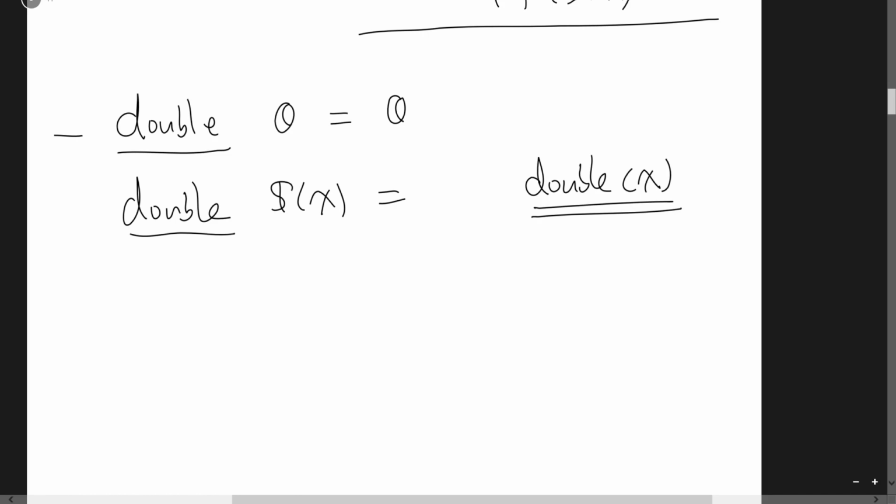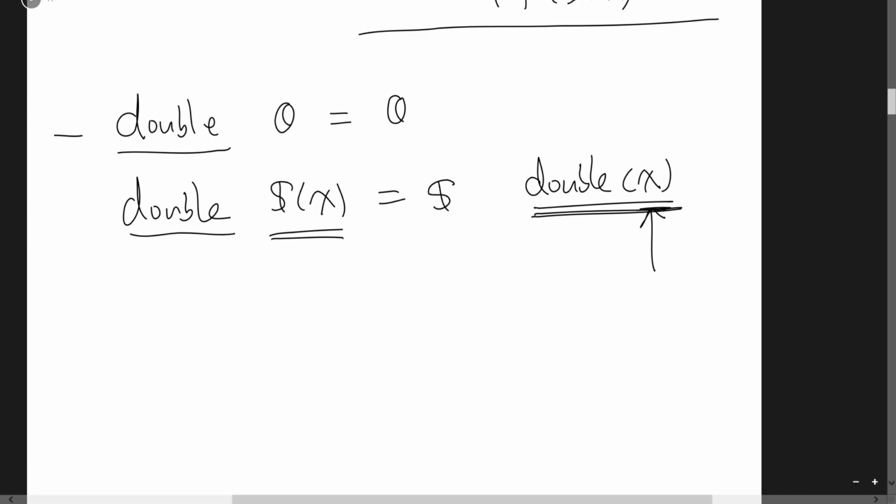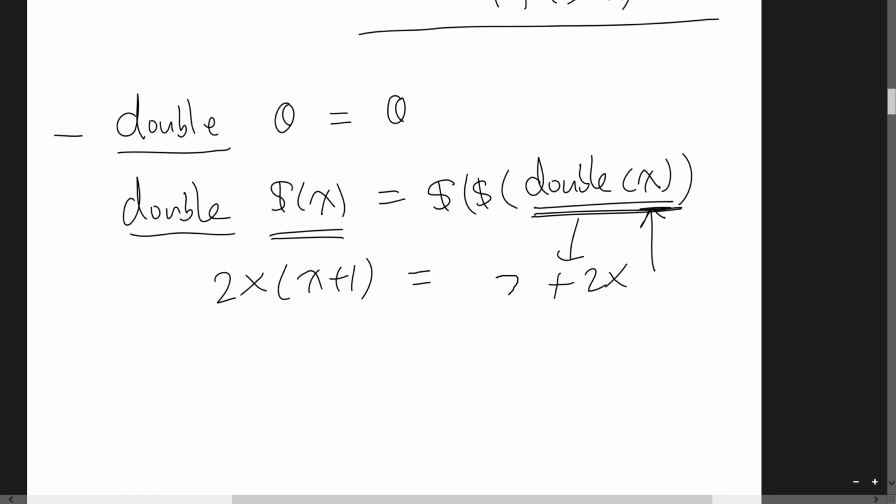Original argument is a successor of x, but now the argument to the new recursive call is x, strictly smaller. So it is guaranteed that the recursive call eventually terminates. Now you add 2. So basically what this thing says, twice x plus 1 is 2x plus 2.